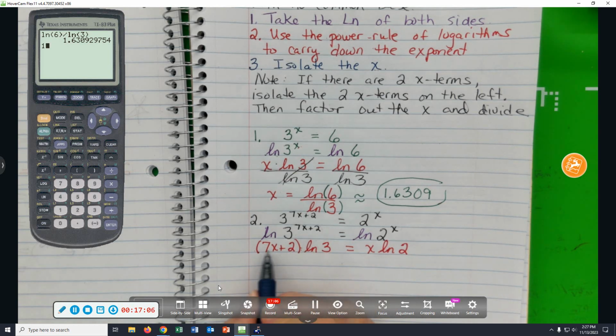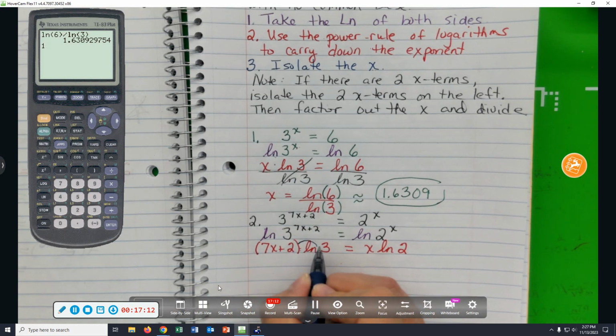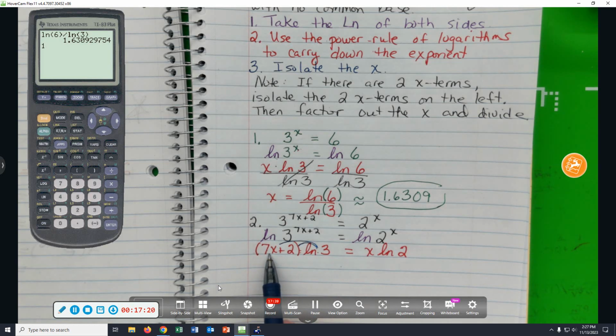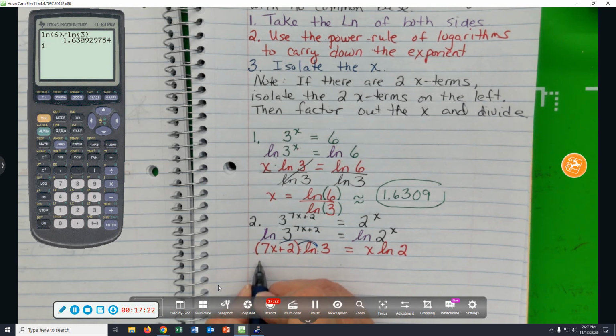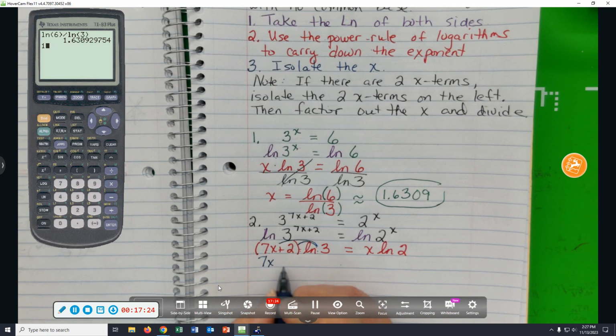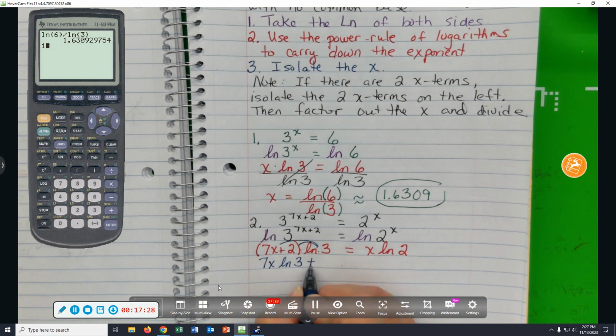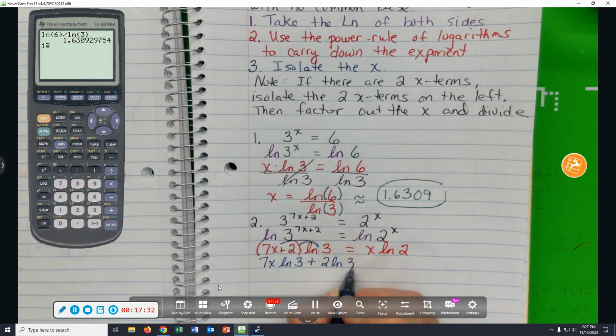Both of these terms have to be multiplied by ln 3. So I'm going to distribute the ln 3, but that's not difficult. Just write 7x and attach an ln 3. Then the plus 2, attach the ln 3.